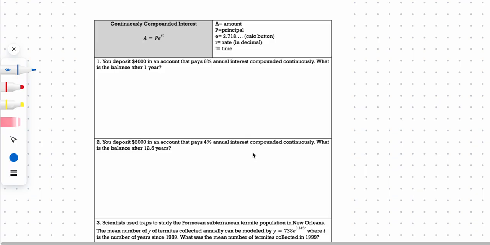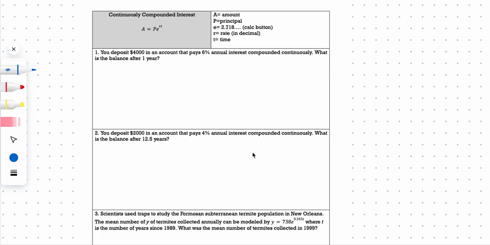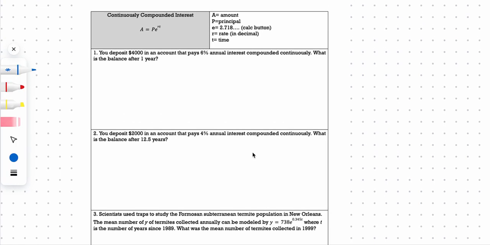Okay, so now we're talking about continuously compounded interest. So we're going to use this number called E. E is one of those numbers that just shows up a lot in math. It's sort of like pi. It just shows up. So E is equal to about 2.718.